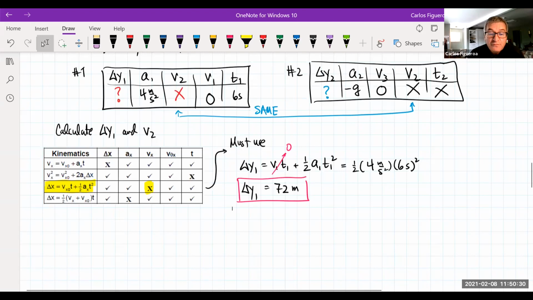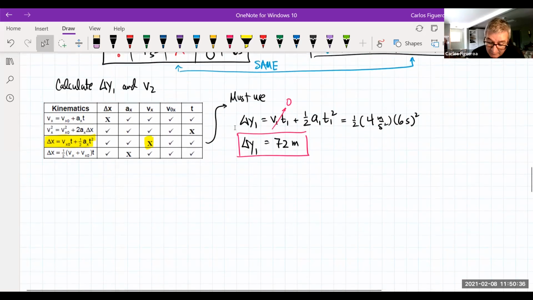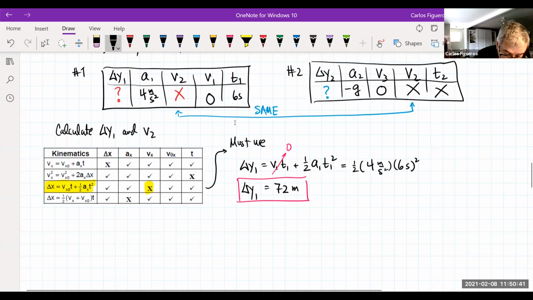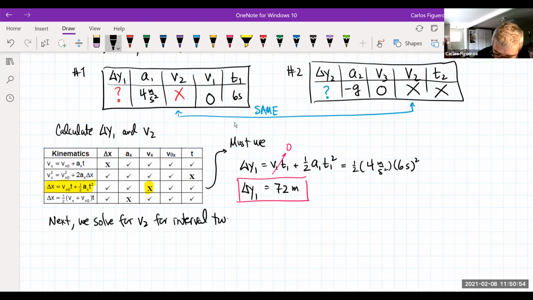But remember, we need to solve for v2. So next, we solve for v2 for interval 2.